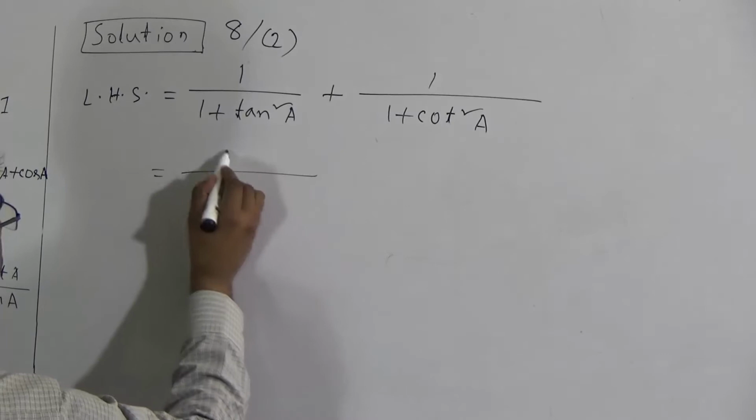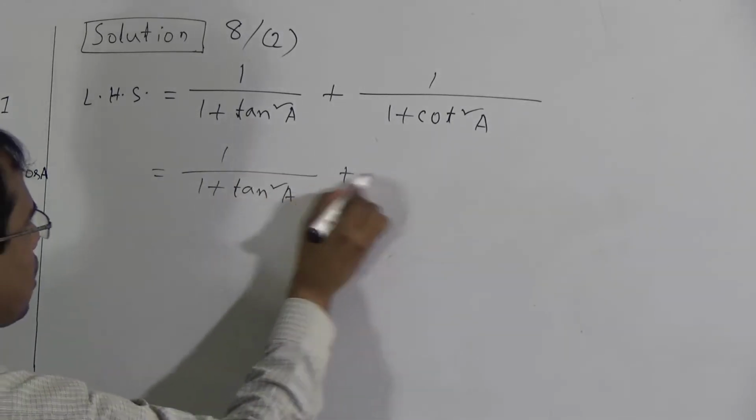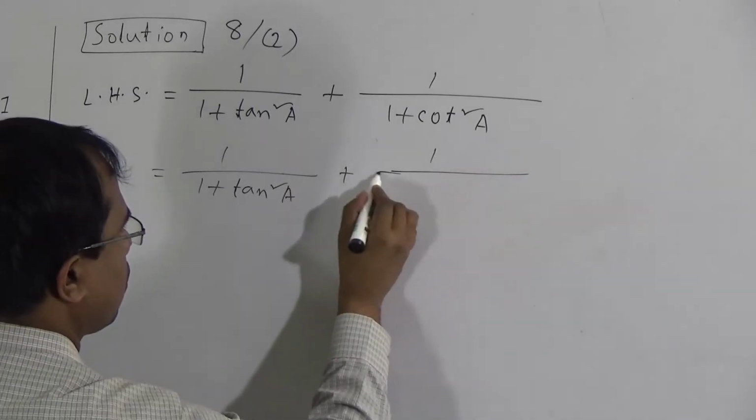Now 1 by 1 plus tan square a plus 1 by 1 plus.